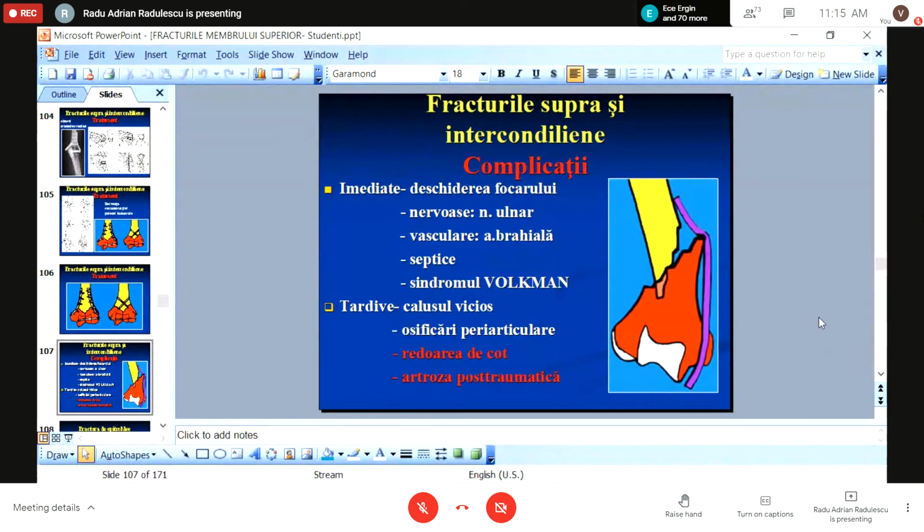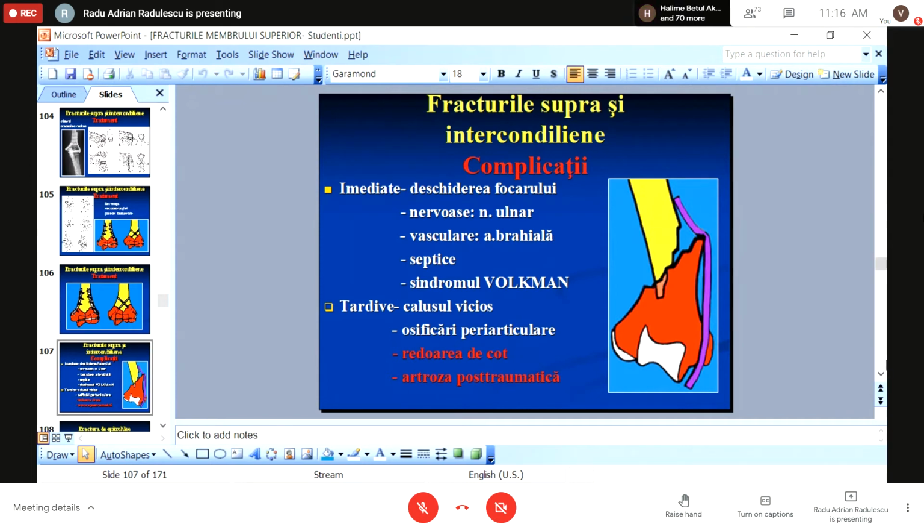Also, insufficient reduction of the fracture, meaning not a perfect restoration of the anatomy of the articular surface, may also lead to osteoarthritis of the elbow, which of course, by being painful, will be very disabling for the patient.